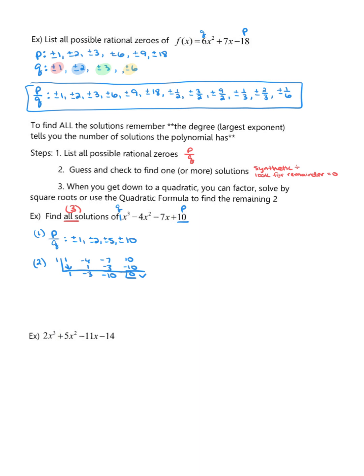All right, so then we're going to use that factor theorem. We're going to write this in factored form. F of x equals x minus 1 times the remainder constant x squared minus 3x minus 10.